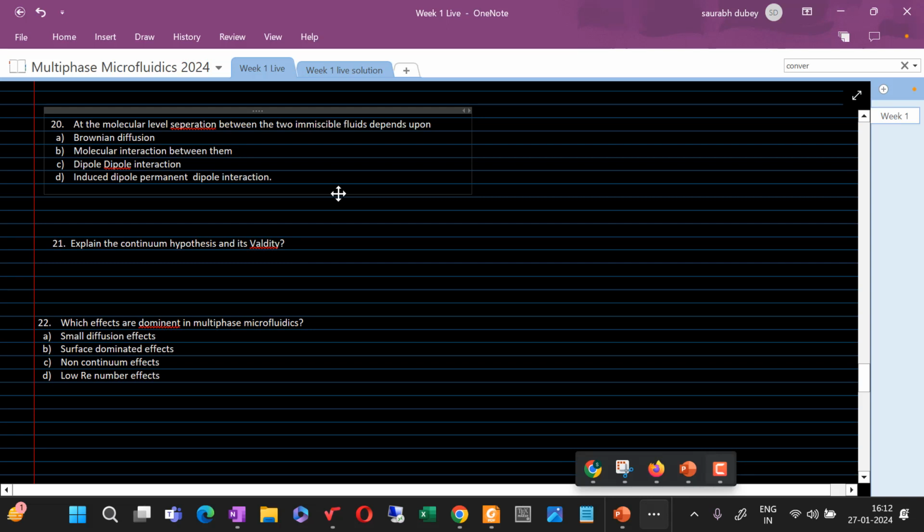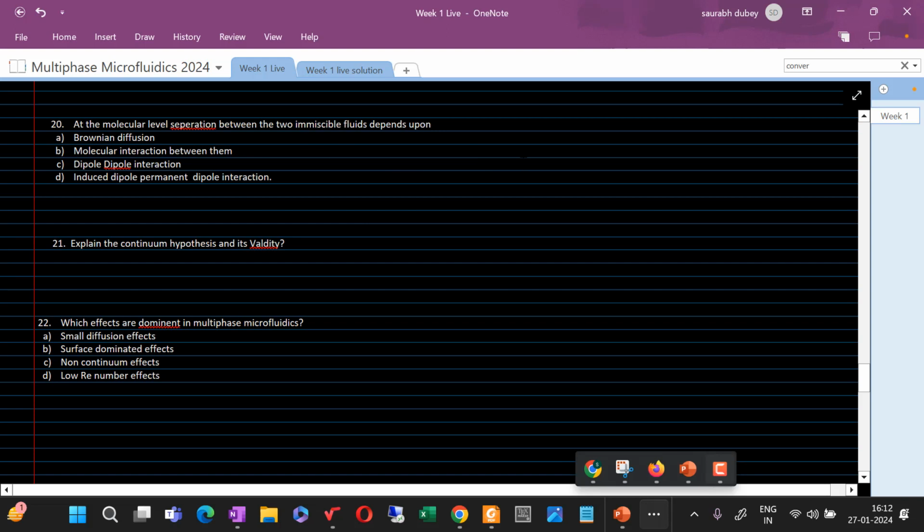Molecular level separation. Immiscible fluids are there, so they will definitely be separated by themselves.